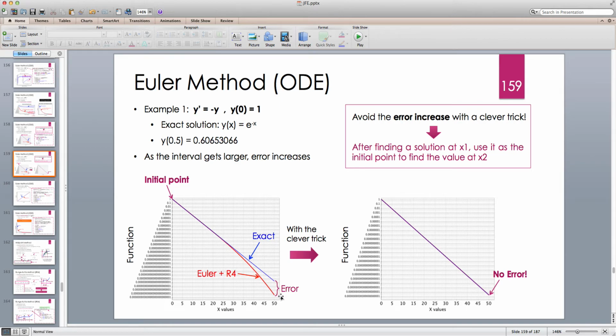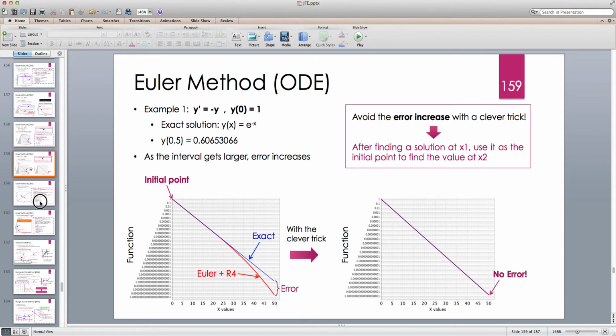So that's a benefit, because then I can get away with this increase in the error. And that's always a good idea. Not only this, but it also helps with the stability of the solution. Again, stability here means that as the interval gets larger and larger, the error doesn't get larger and larger. We kind of control the error in a global sense.